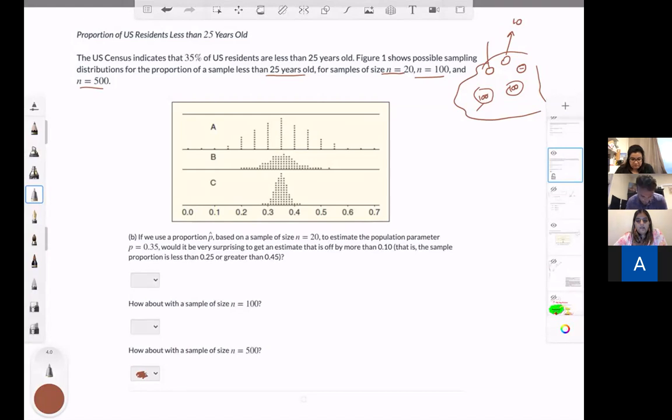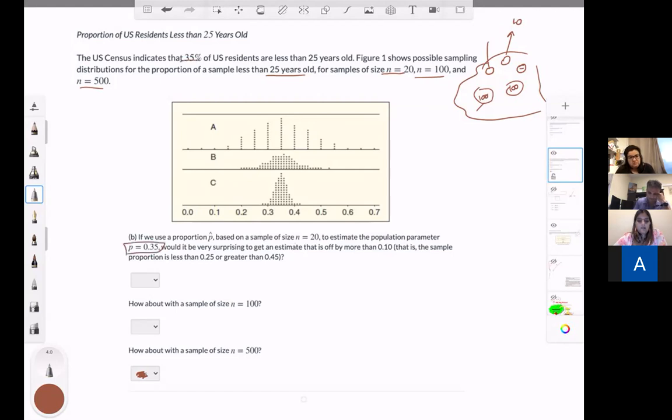For the first one, if we use a proportion p hat based on the sample size of n equal 20 to estimate the population parameter p equal 0.35, would it be very surprising to get an estimate that is off by 10%? We already know that the population is 35%, correct?